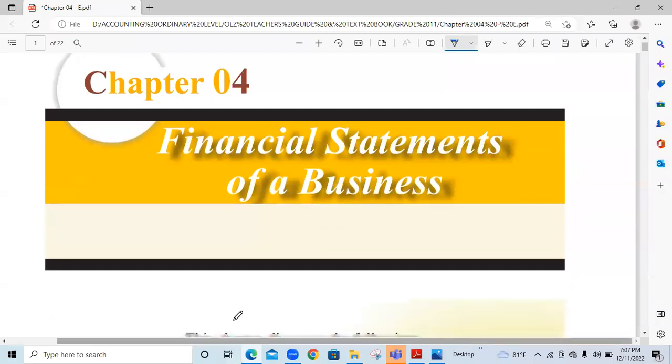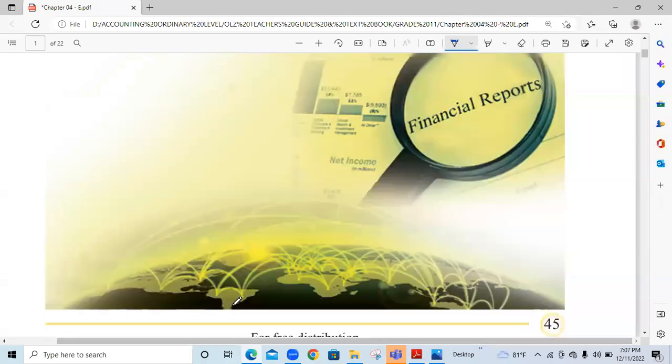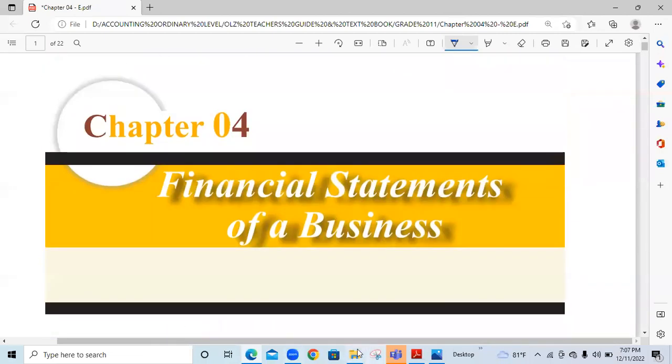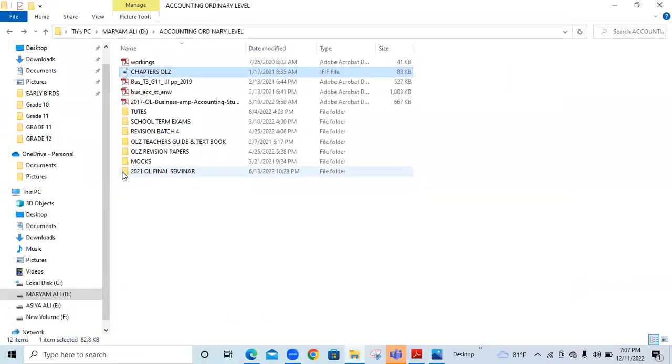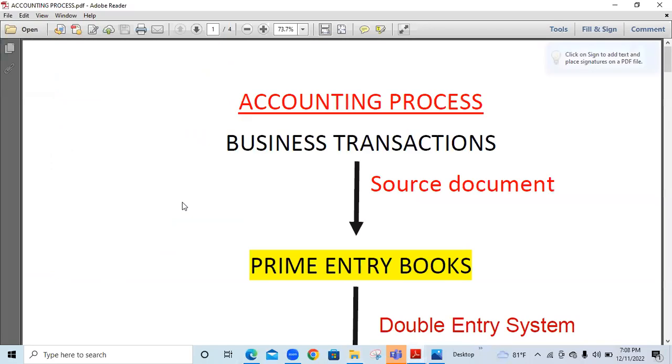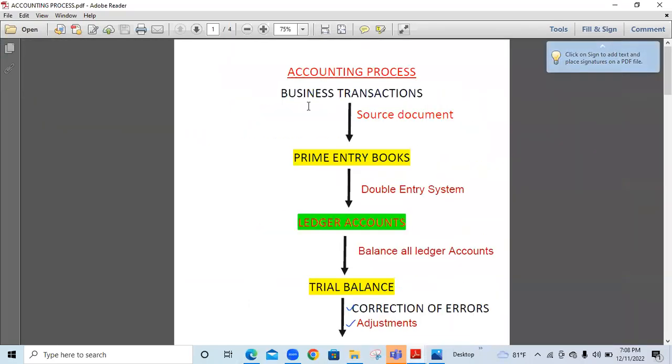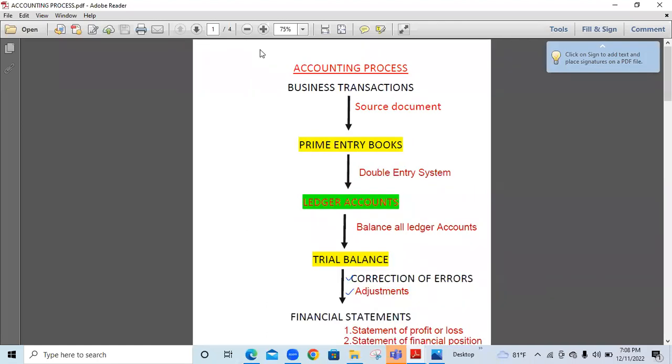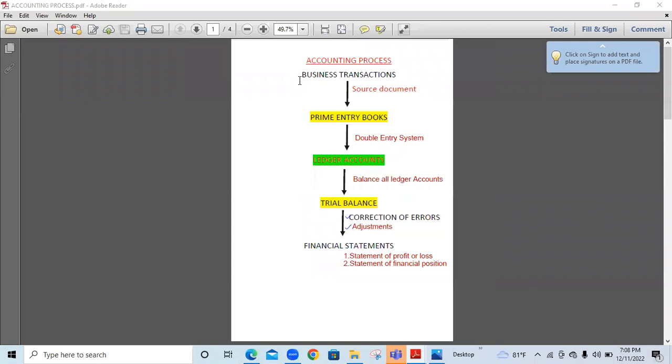Financial statements of a business. First of all, you all need to know the accounting process, how accounting works. This is the accounting process. If you don't have this note, you can write it down. First, transactions and events.